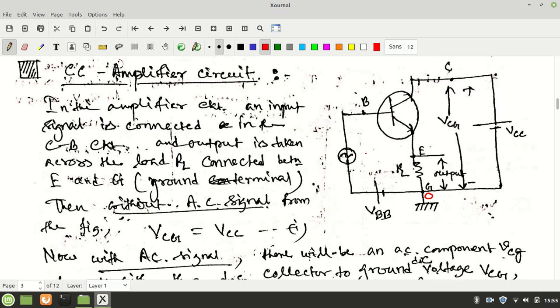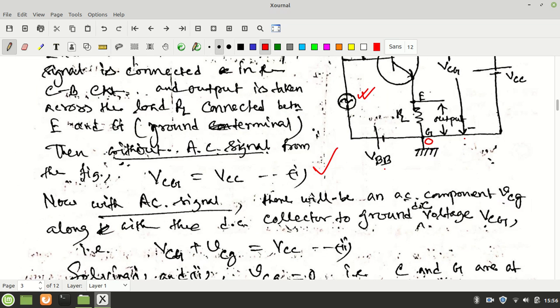Here there is an AC signal. Let us not apply this and just apply VBB, VCC. Just do the KVL, and you should write VCG, that is the collector to ground potential, is equal to VCC. That is written in equation number 1. Now switch on this AC generator, then it will constitute an AC component of current.